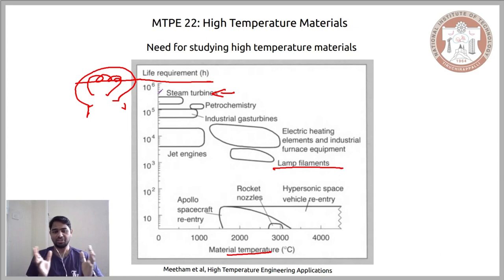That is the reason we don't usually operate at full capacity. We operate at subpar capacity so that we increase the life of these components. And as a consequence of studying high temperature materials, if we are able to increase the life of these components, it would serve a huge purpose.